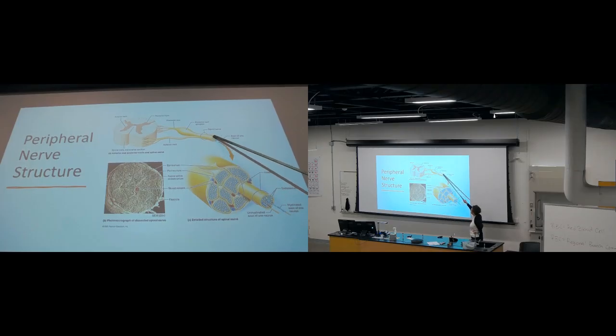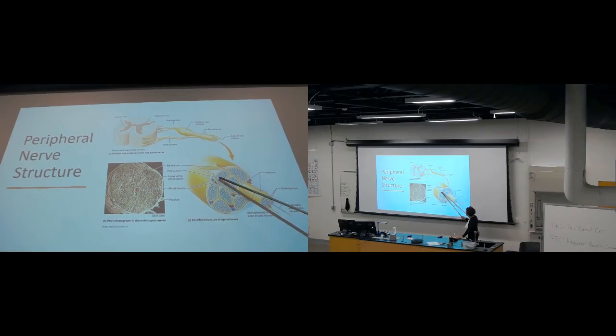And then if you extend this spinal nerve, you can see that internally it is formed by myelinated axons and unmyelinated axons. These axons are wrapped by endoneurium, and then you have fascicles wrapped by perineurium, and the entire nerve is wrapped by an epineurium. And just as with any organ in the body, we need blood supply.